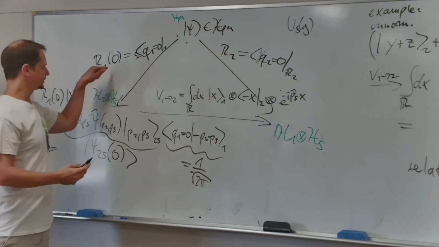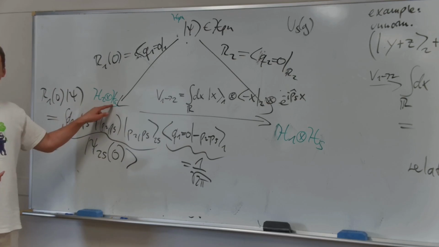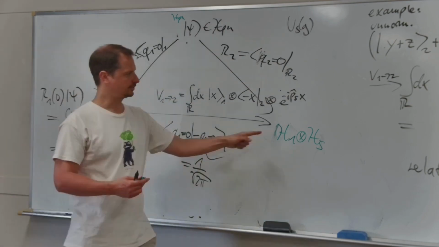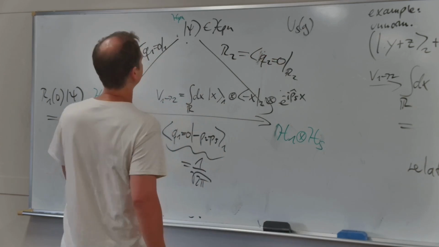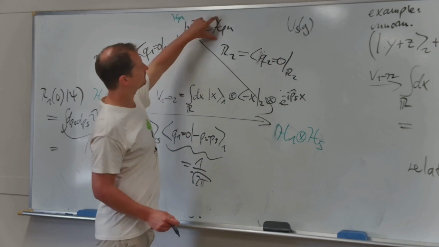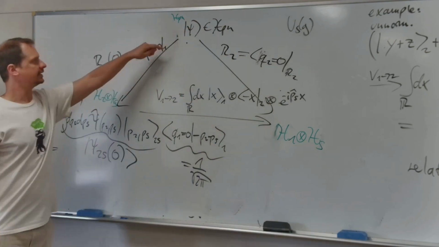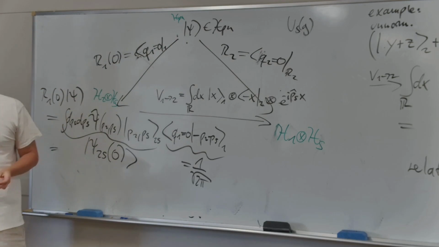What I do is conditioning. I actually get the full tensor product of the kinematical Hilbert spaces of 2 and S, and here of 1 and S, with no further restriction. So it's a unitary map from some abstract Hilbert space to a tensor product, and here again a unitary map from some abstract Hilbert space to another tensor product.